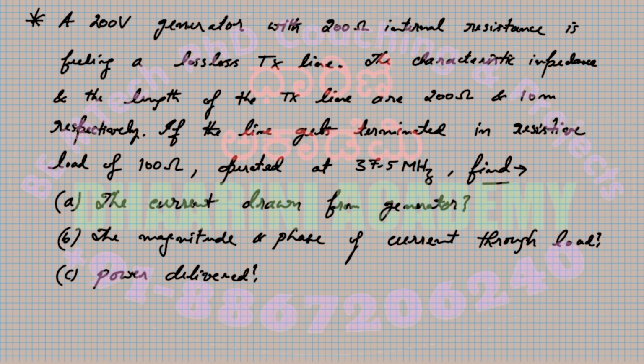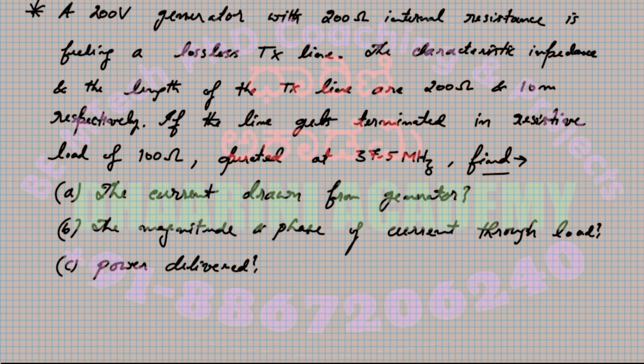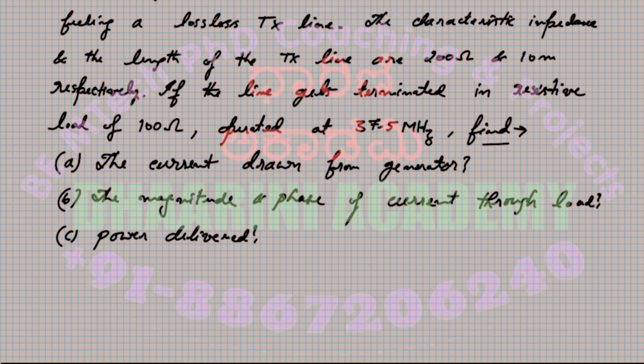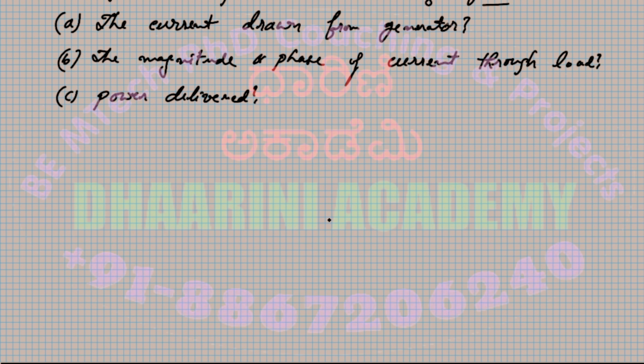So basically, our idea is that, let's try to look at a diagram. Let's write a simple circuit representing what has been given. Now I'll go back to the question once again.